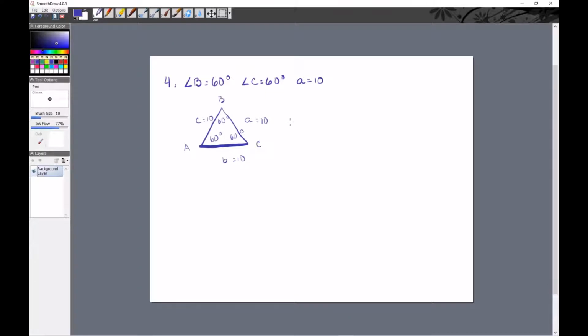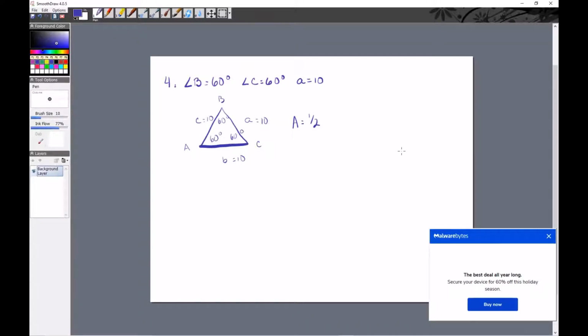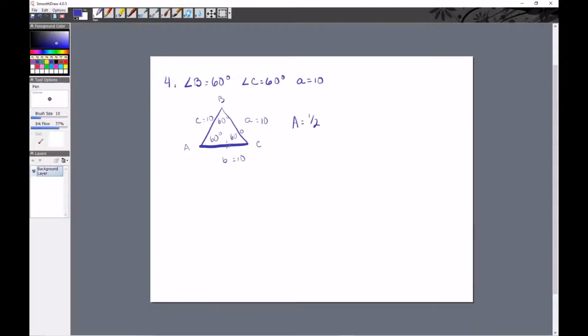So we're still needing the area here. So area is going to be 1/2, and I guess we only knew... Okay, we didn't actually know this, and we didn't know this. Well, okay, we do know this, because we know that it's all equiangular and equilateral.